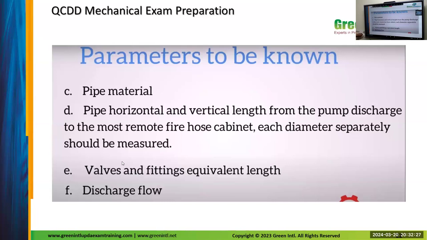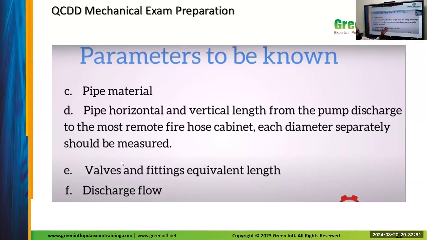So apart from the flow, what will we consider? What are the pressure requirements? Each valve and fitting will have an equivalent length. There will be a pressure drop, because if you are considering many fittings like elbows, tees, branches, there will be a pressure drop, right? So that pressure drop will also be taken into account.